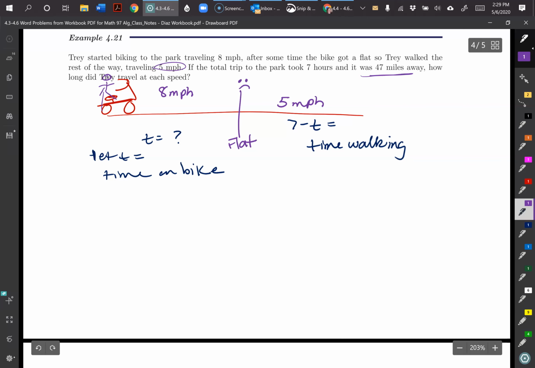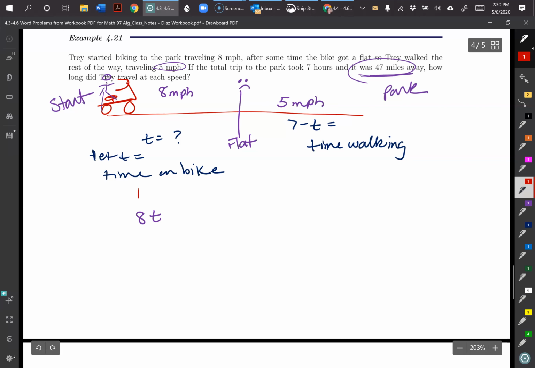Okay, so here's start, and then here's the park. So all together, the distance is 47 miles. So the distance that he spent on the bike would be 8t.